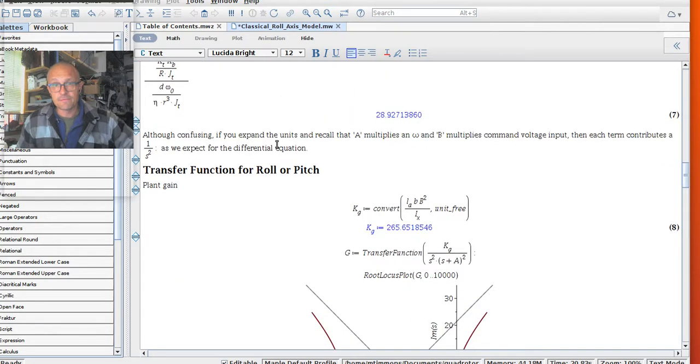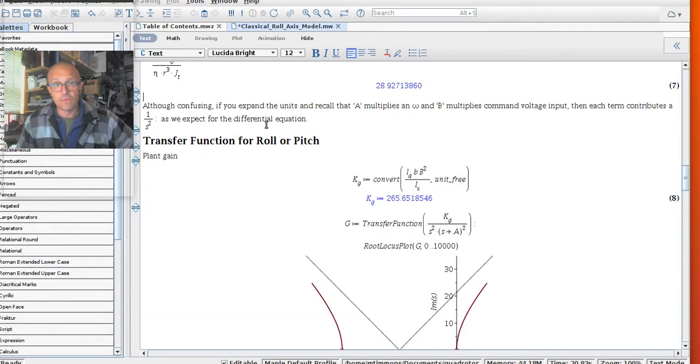Our transfer function from roll or pitch. Now this is from that last post. That was the conclusion of our last post that I just showed.